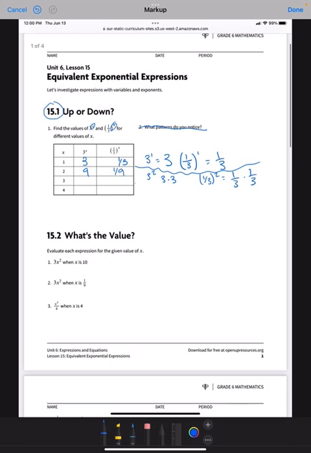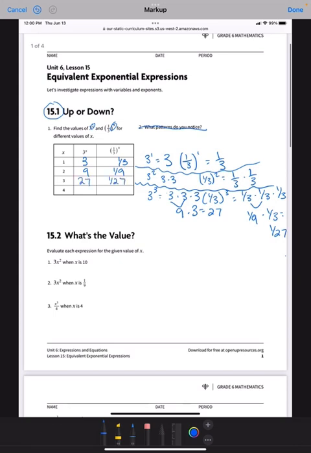For the next one, 3 to the third and 1/3 to the third, 1/3 times 1/3 times 1/3, and that is 3 times 3 times 3. 9 times 3 is 27. This is 1/9, and 1/9 times 1/3 is 1/27. So this is 27 and 1/27.